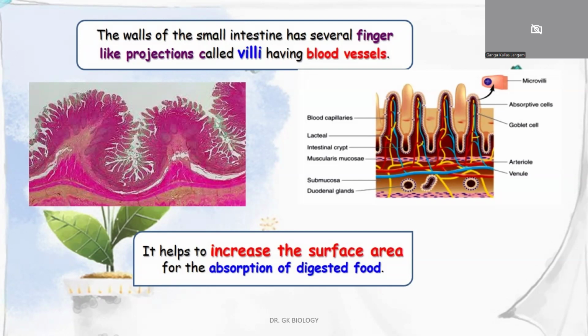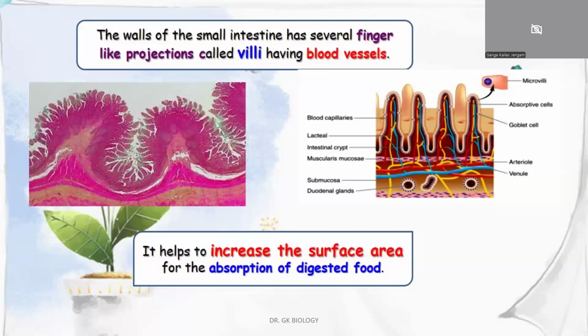So inside the small intestine in animals, the finger-like projections called villi help to absorb the food, whatever complete digestion is happening in the small intestine.